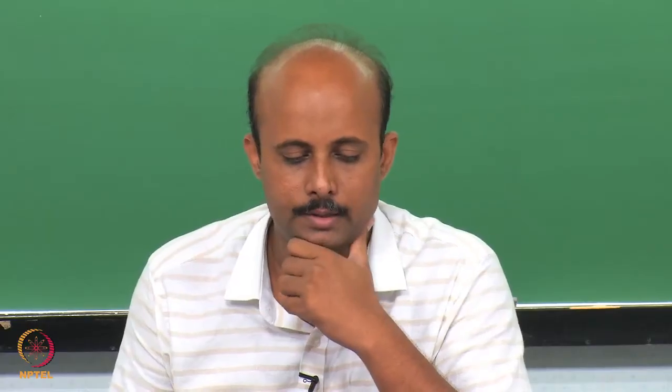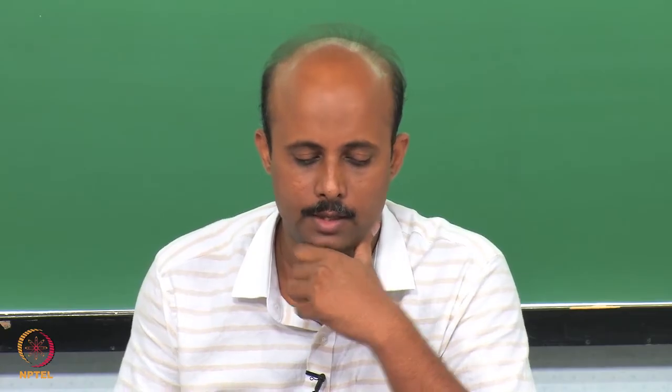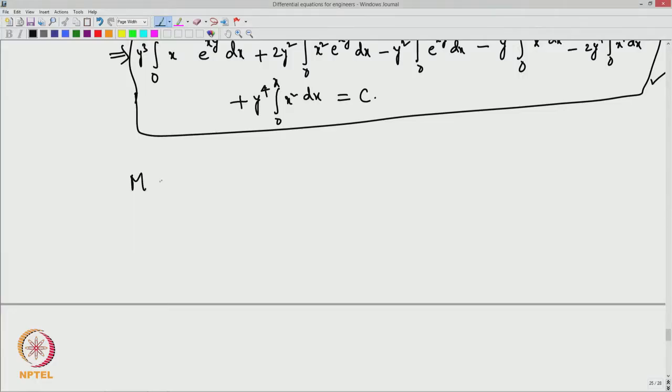So, what we had is a non-exact equation like this: M(x,y) dx + N(x,y) dy = 0.